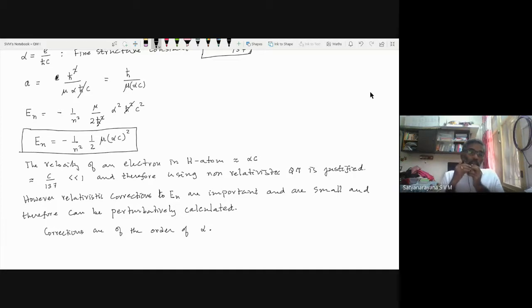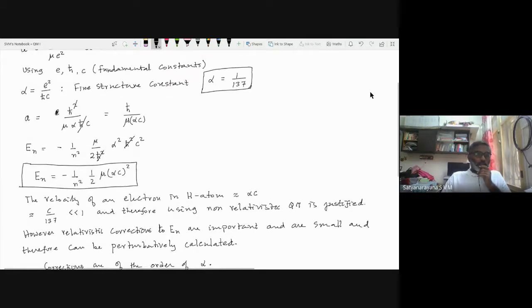So for those phenomena where the energies are required up to 2 decimal place accuracy, the relativistic effects are important. But if your accuracy is up to the first decimal place, then ignoring these relativistic effects makes no change to the energies. So this alpha in some sense gives us an indication where the corrections will come up if you include relativistic corrections.